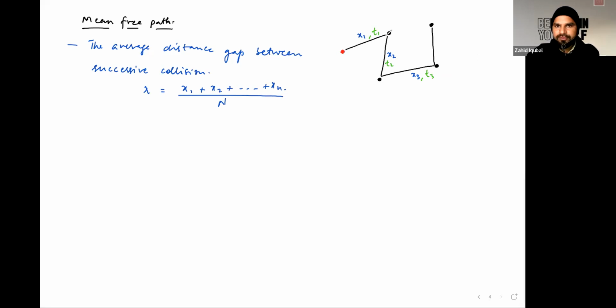The average of the time gap between any two successive collisions we define as relaxation time, or average time, denoted by tau, or sometimes t average.